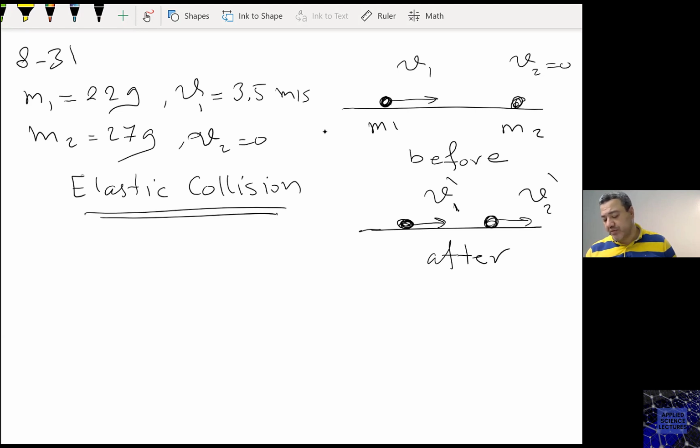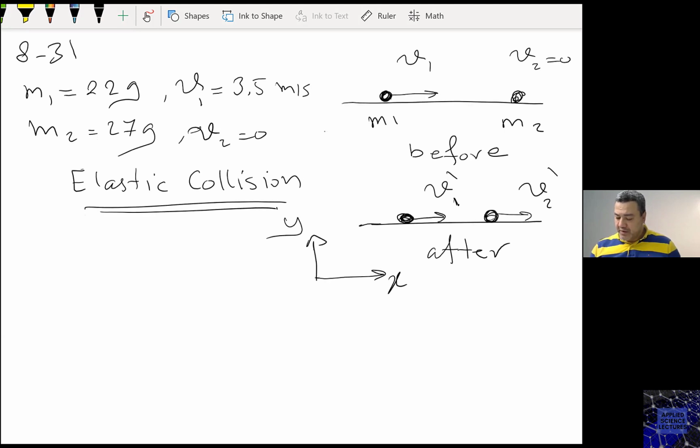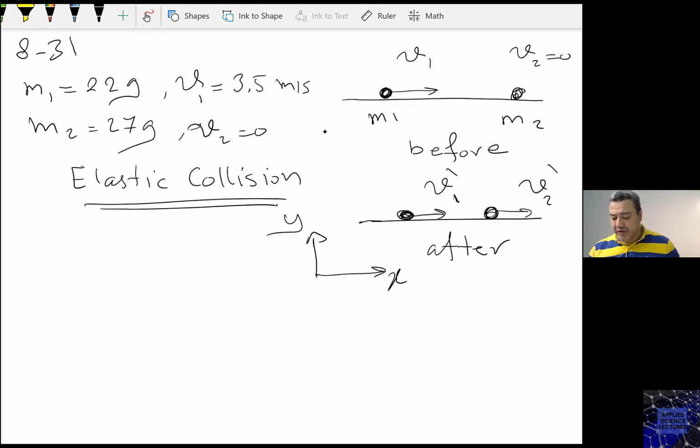If I am dealing with vectors, then I need to define my coordinates. Here I have a one-dimensional problem. X is enough. All of them are on the x-axis. So I have to have the coordinates once I deal with the momentum.